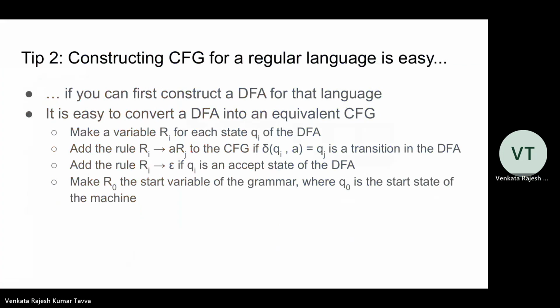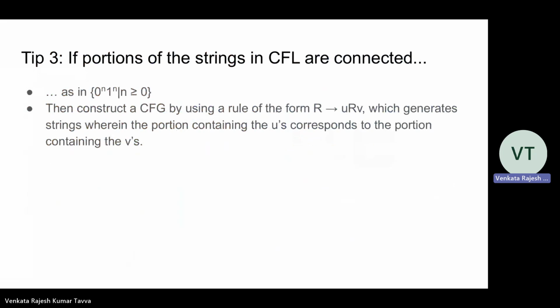And then the third tip: suppose you have a language in which the portions are connected, for instance, in 0^n 1^n, the number of zeros is linked to the number of ones. If you have such strings, then you can construct a CFG by using a rule of the form R goes to U R V. Here U and V are connected, which generates strings wherein the portion containing the U's corresponds to the portion containing the V's.